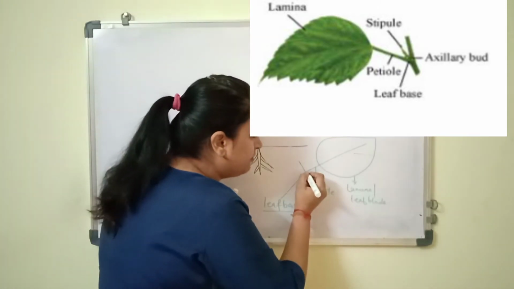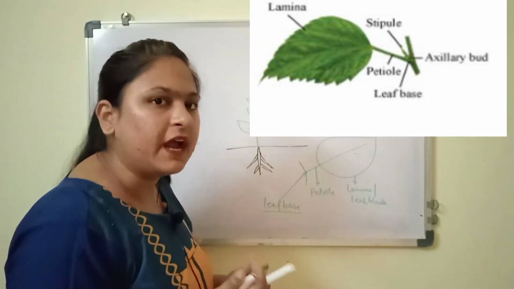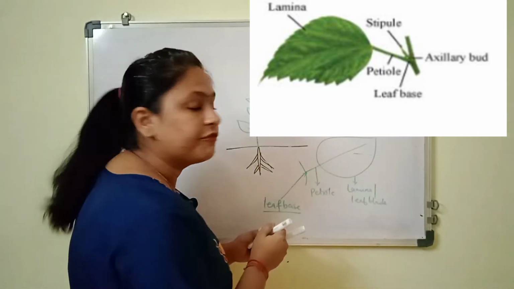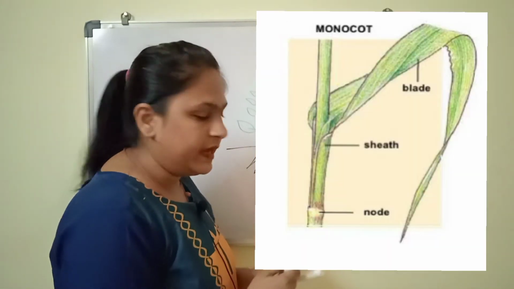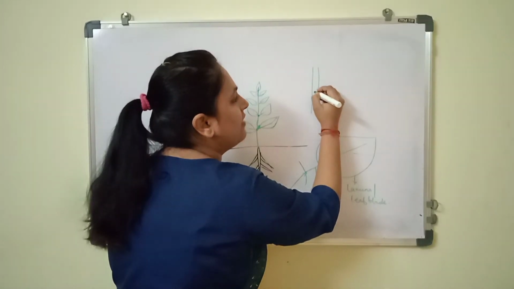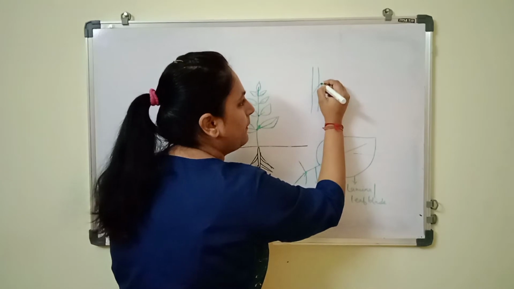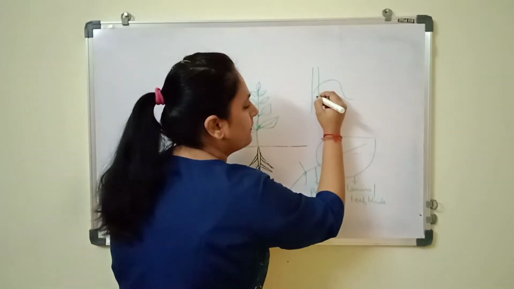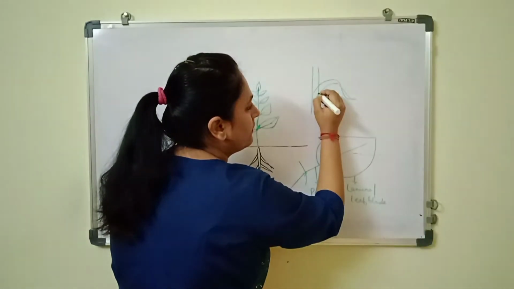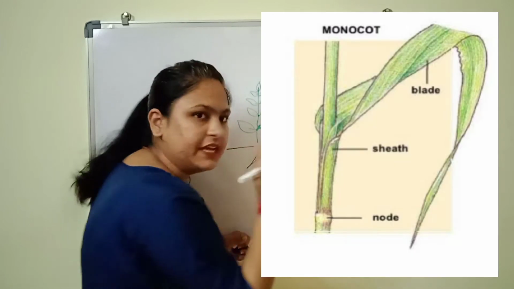There is a very normal simple leaf base, but in some plants the leaf base has a sheath-like structure. In the case of monocots, maize if you see, this is the stem and the stem will have a leaf. It has a sheath-like structure.